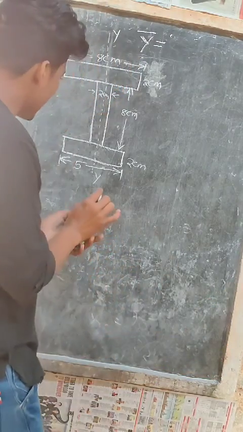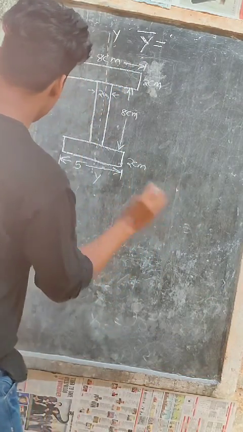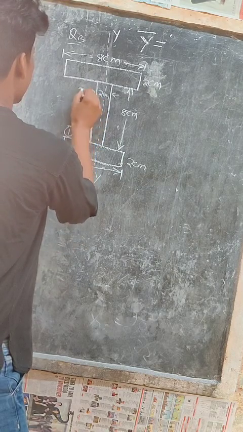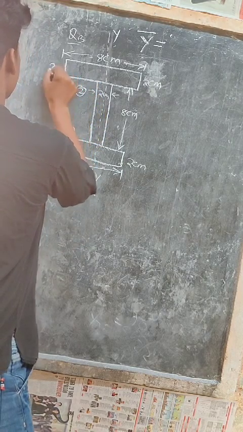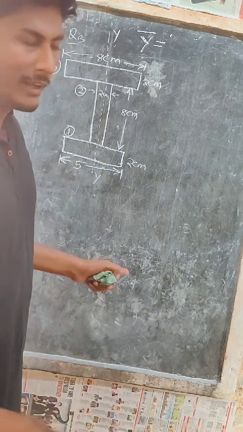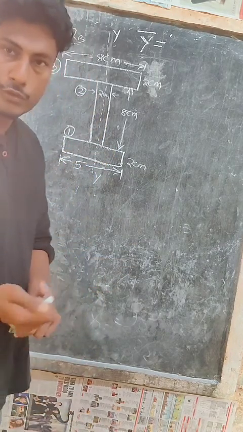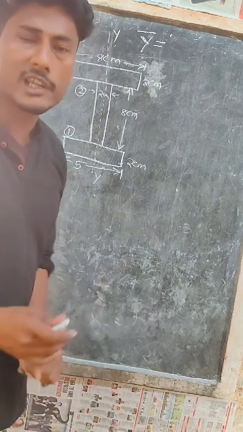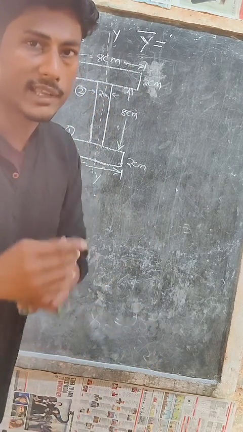What is the formula for y bar? Suppose this is section 1, this is section 2, and this is section 3. Next step is to choose the axes: this is the y-axis because it is symmetric about the y-axis. Next step is to choose the x-axis.